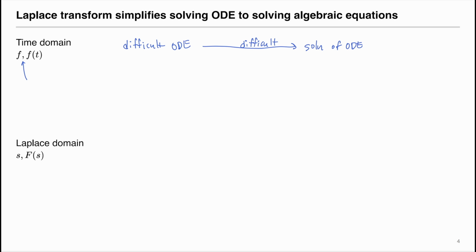Well, if we use Laplace transform, we can go from the time domain to the Laplace domain. What that does is it converts a difficult ordinary differential equation to an easy algebraic problem.